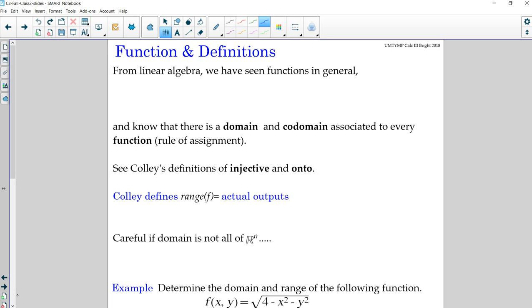Last year when we were studying linear algebra, we saw functions in general, and we discussed functions that map from Rn to Rm.